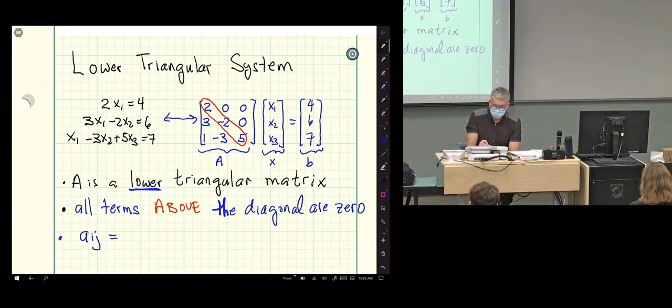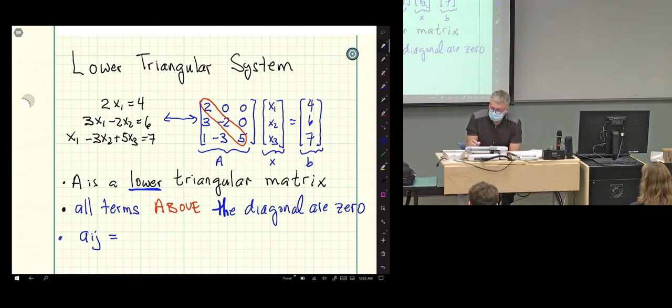So notice, this is the first row. In the first column, they're equal, but now I'm in the second column, that has to be 0. In the third column, it has to be 0. So the relationship between i and j here is that j bigger than i, we get a 0.